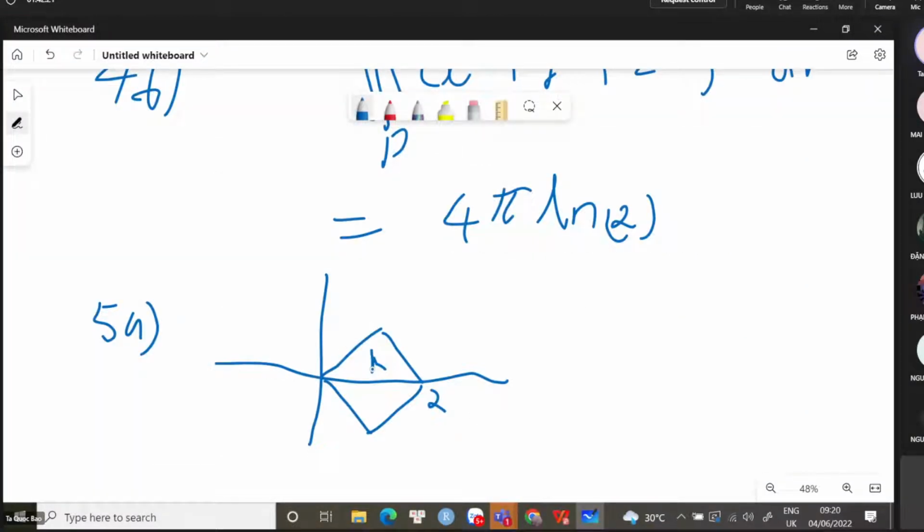Now by using the change of variables, here is x, remember, and here y.